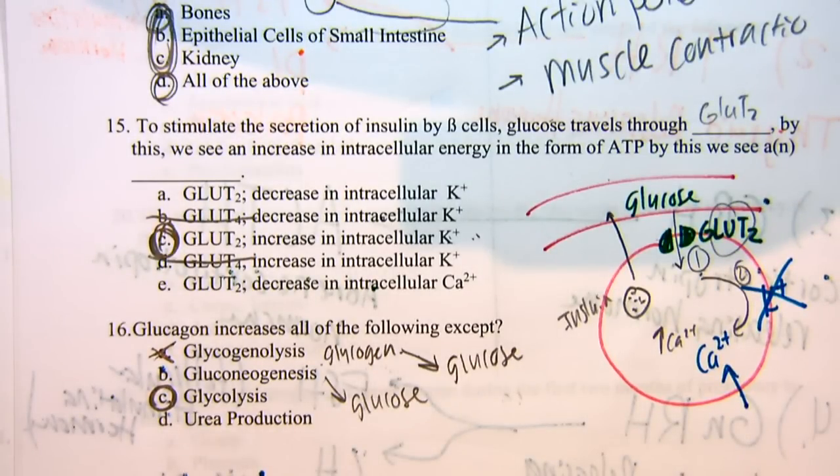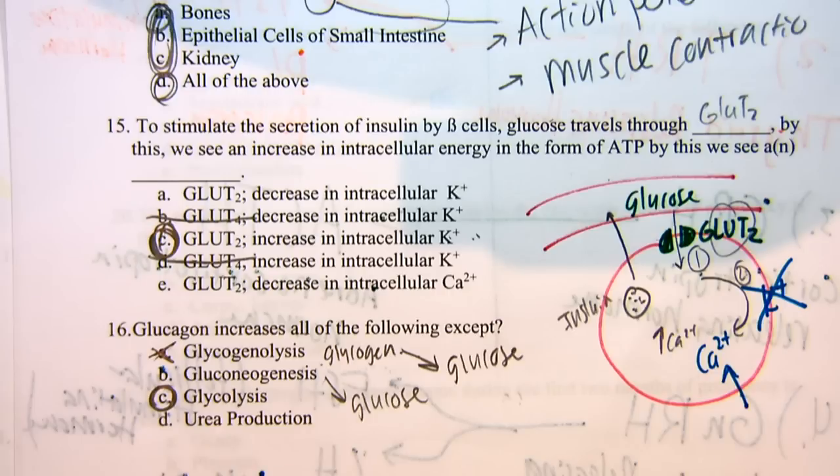What do we know about glycolysis from exam 1? That is breaking sugar down, glucose, into pyruvate. And then pyruvate goes through the citric acid cycle, and we get electrons from that. I just took a test on this, I forgot. And then from the citric acid cycle, we go to the electron transport chain, and we get ATP. So if you have a low blood sugar level, would you want to cut glucose? No, right?